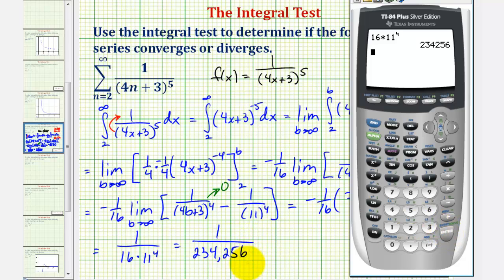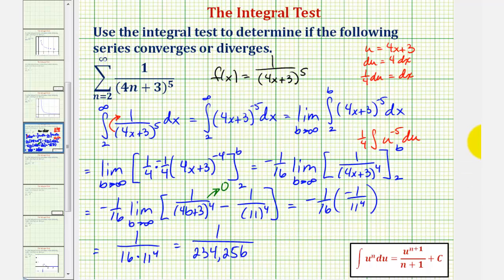Looks like our fraction is correct. But the main thing to point out here is that because we have a finite value, this improper integral converges, and therefore so does the infinite series.